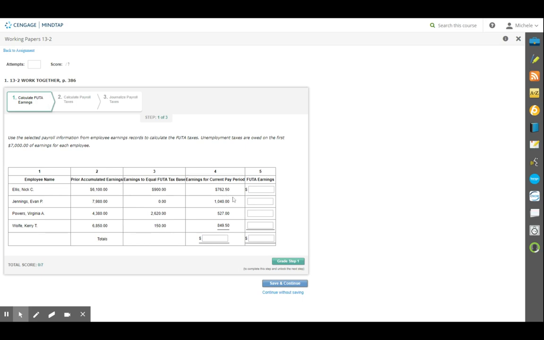And then we also know what their current pay period was. So now all we have to do is calculate, do we need to pay unemployment tax on this employee still? Or are we to the limit and we don't have to pay anymore? Or do we just need to pay part of their earnings for this period?